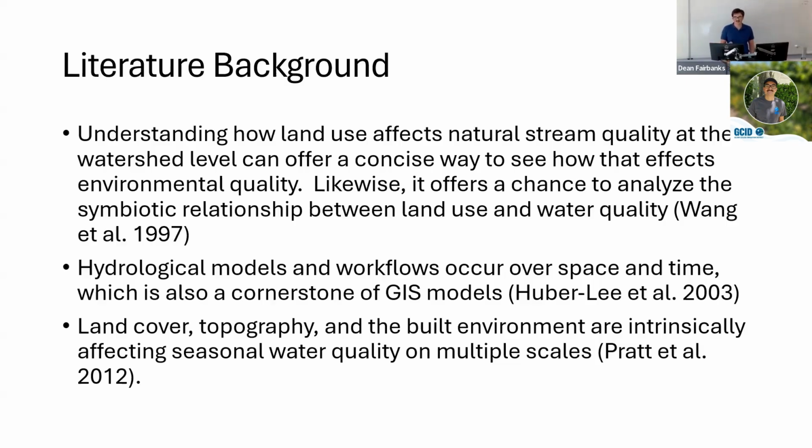And then lastly, the Glenn-Colusa Irrigation District, yes, it is mainly for agricultural purposes, but the land cover and topography in the irrigation district varies pretty vastly, and that is the Sacramento River, and they're on the leeward side of the Coast Range.